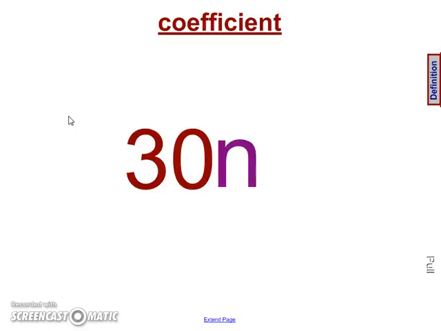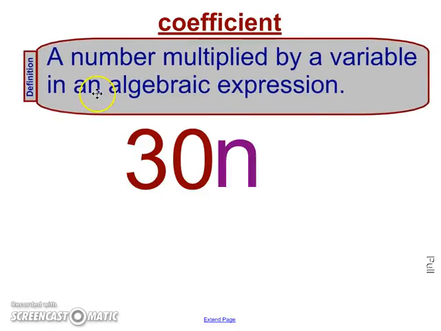One other definition we need to talk about before we go on into evaluating algebraic expressions is that of a coefficient. Fancy term for this. A number multiplied by a variable in an algebraic expression.